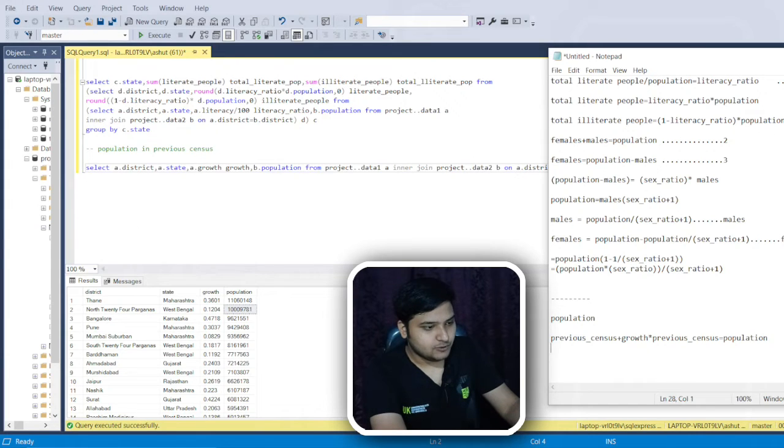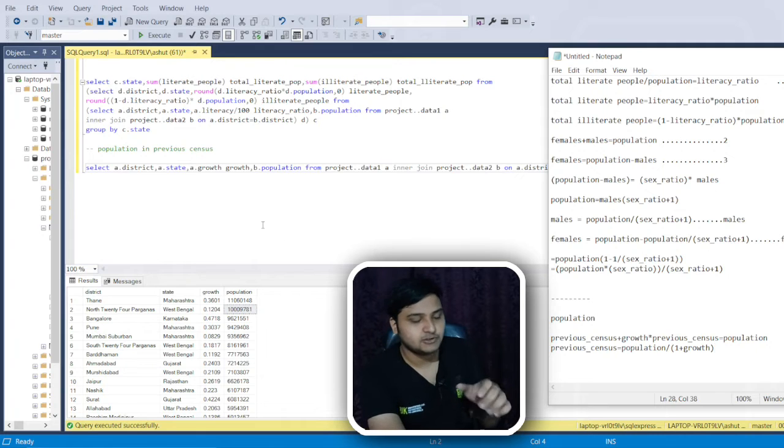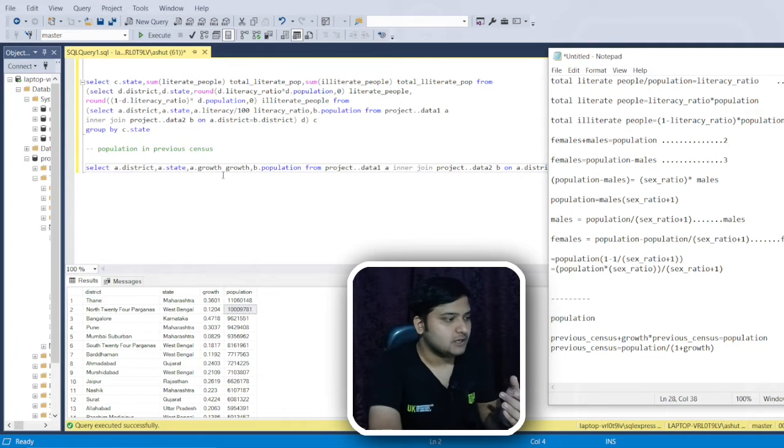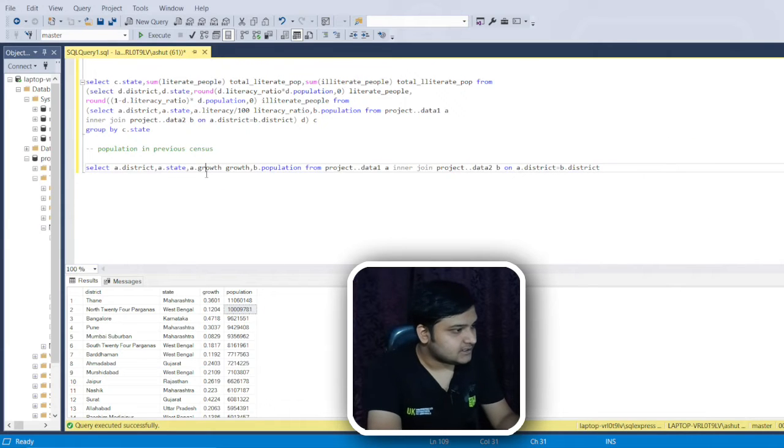Now what if I want to get the previous census population? The formula looks something like population divided by 1 plus growth, and here the growth will be divided by 100 because it is in terms of percentage. That is why we need to divide this by 100 as well.